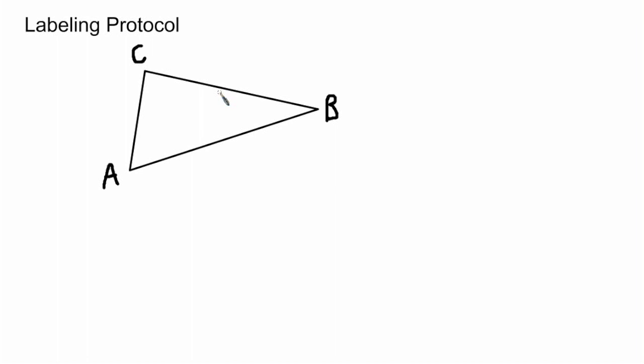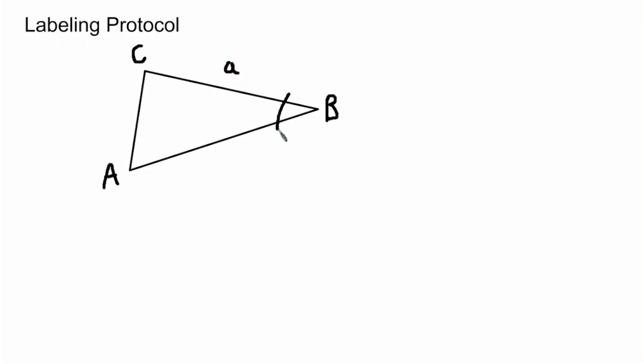Since I can't label these things as adjacent and opposite, or hypotenuse especially, the labeling system we're going to use is the following. Any side length is going to be labeled with the lowercase letter of the angle across from it. For example, I have angle A right here. The side length directly opposite from angle A, I'm going to call lowercase a.